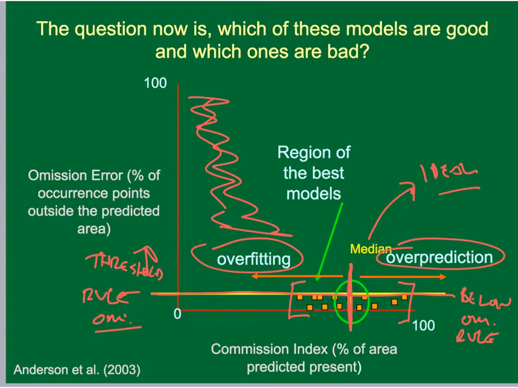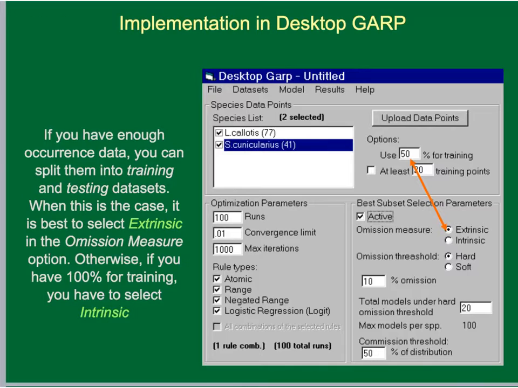The process for defining or selecting models that meet these omission and commission criteria is already available and implemented in the desktop GARP modeling environment.